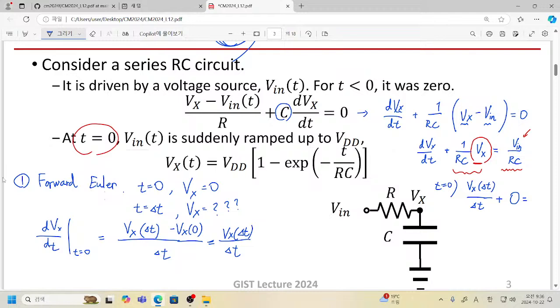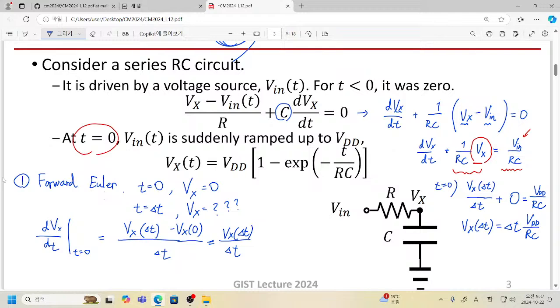The input is now given as just 1, or VDD, so we will have VDD over RC. So simply speaking, by applying this, we will have the solution, Vx at delta t is identical to delta t times VDD over RC.